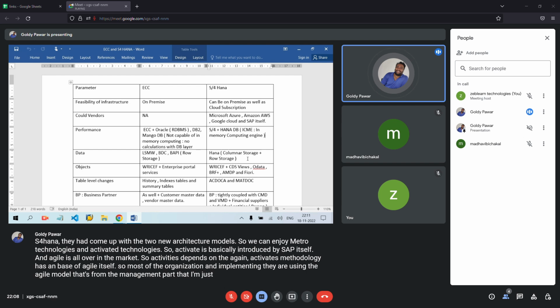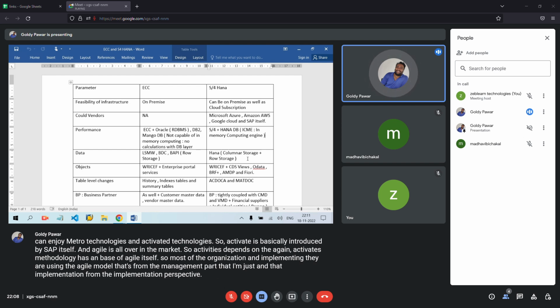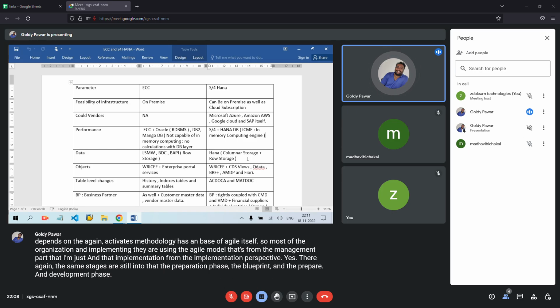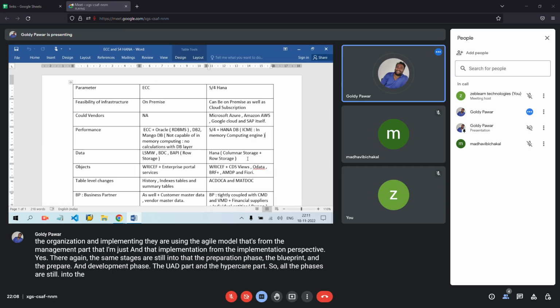From the implementation perspective, the same stages are still there: the preparation phase, the blueprint, the development phase, the UAT part, and the hypercare part. All the phases are still in the implementations.